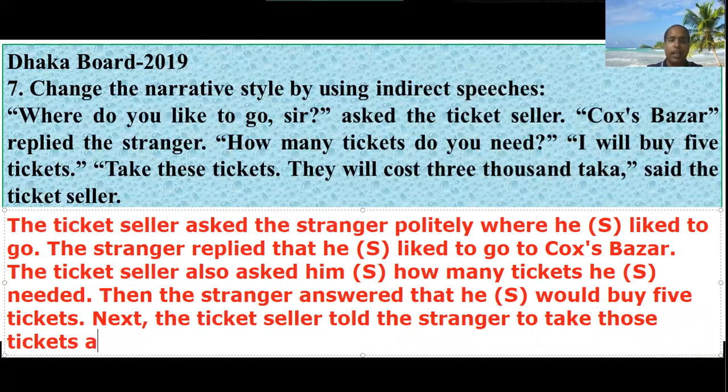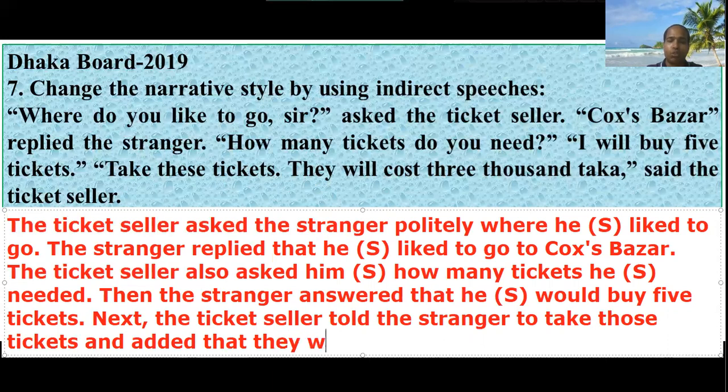Tickets, and also said or added that, added that, A double D E D, added that. Dear students, added that has been written because this is an assertive sentence, a different sentence. So you have to write and added that they. This is the third person they.